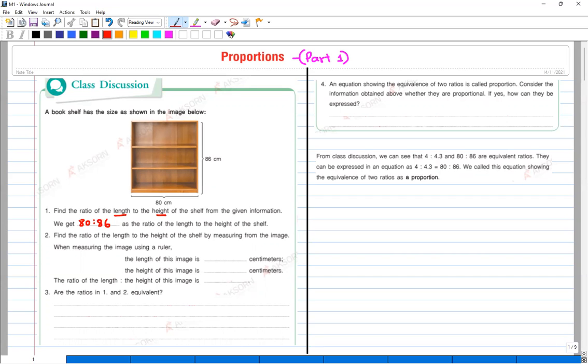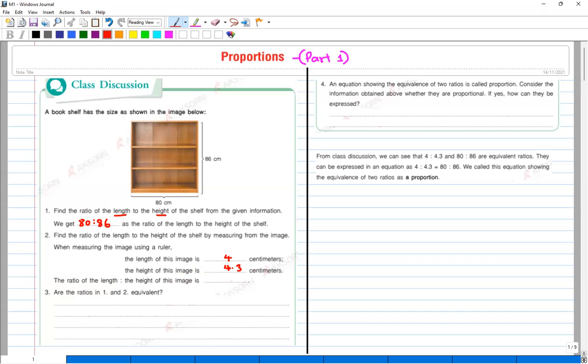And this image is on page 17 of your textbook. Okay. So when you measure accurately, you will see that the length is 4 centimeters and the height is 4.3 centimeters. Okay.